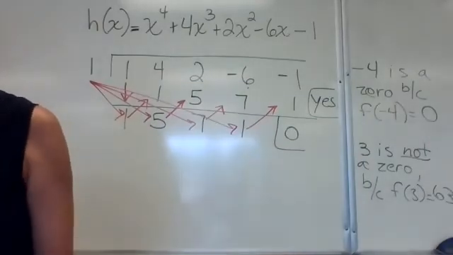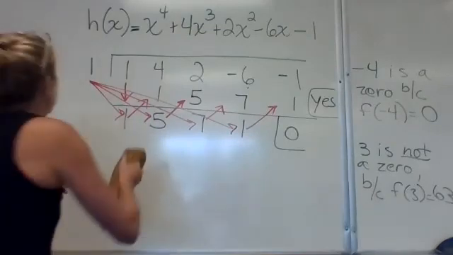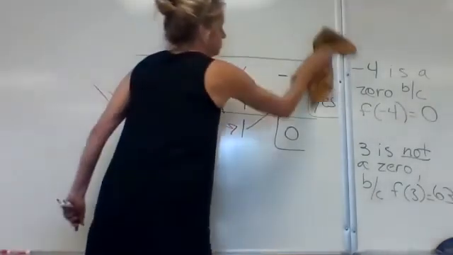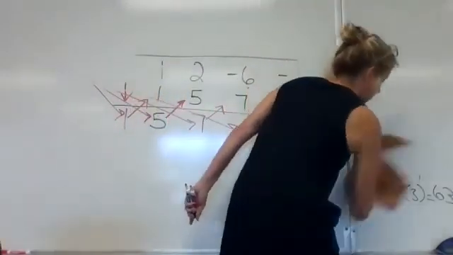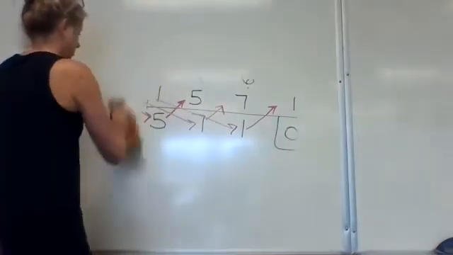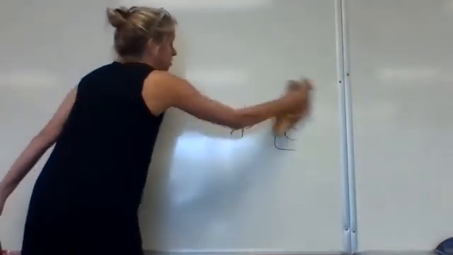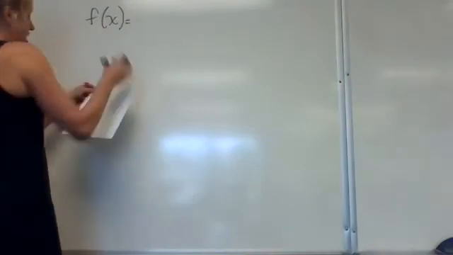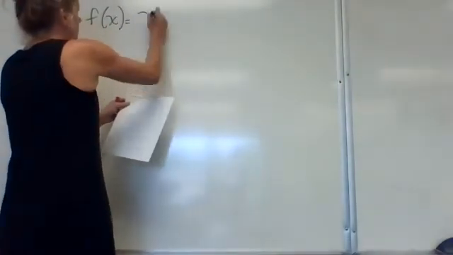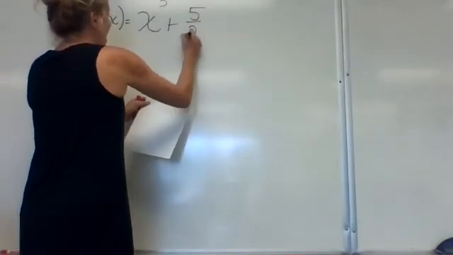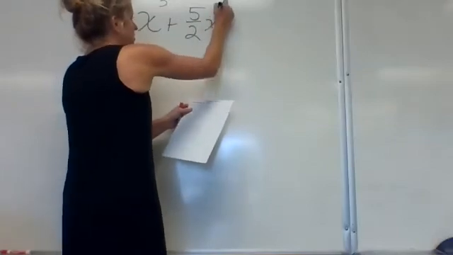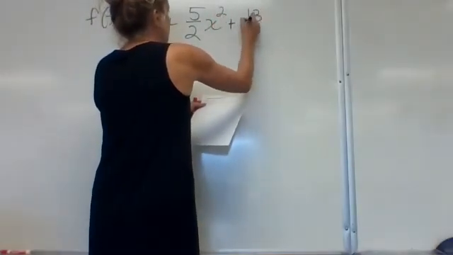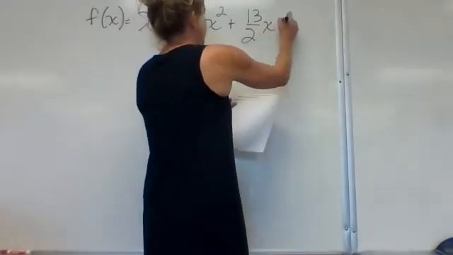All right, last one. Number 5. F of x equals x to the 3rd plus 5 halves x squared plus 13 halves x plus 15 halves.